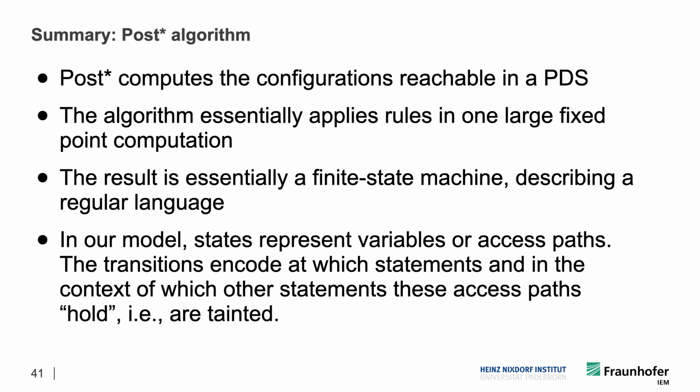So to summarize this Poststar algorithm, Poststar computes the configurations that are reachable in a pushdown system. And there's actually a theorem that proves that if you have regular starting configurations, so basically a starting configuration that can be described by a regular language or a finite state machine, then the Poststar algorithm saturates that finite state machine using these pushdown system rules such that the output is also guaranteed to be a regular language or a finite state machine.